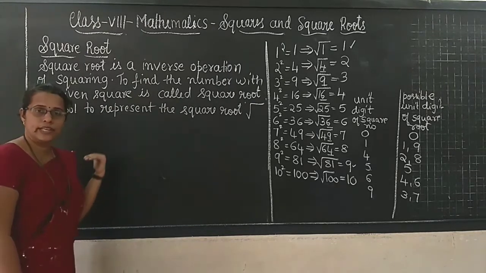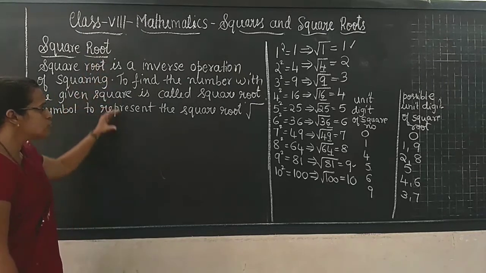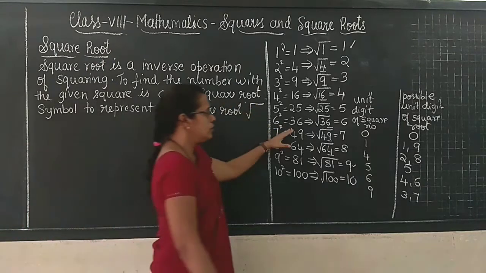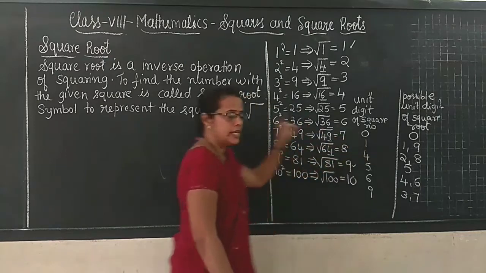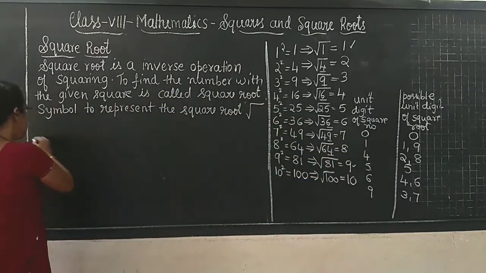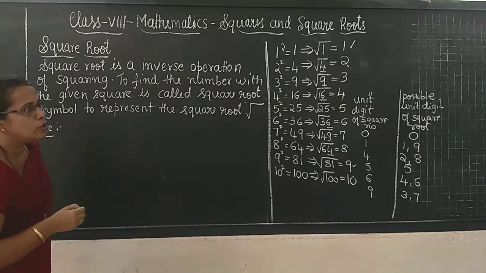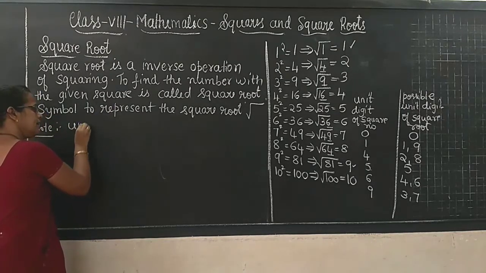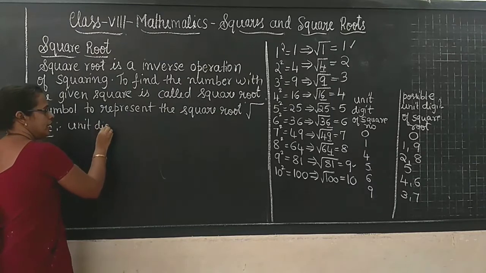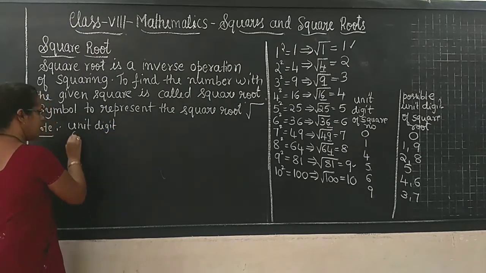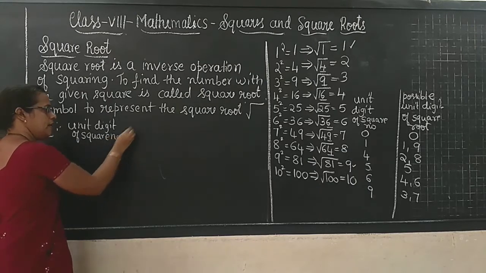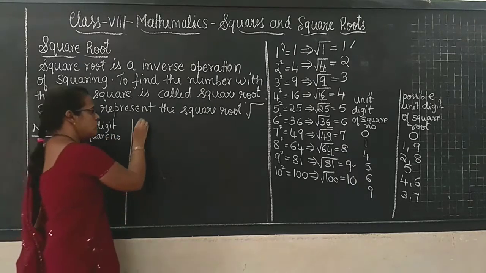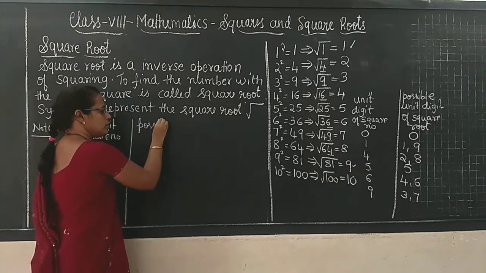Let us write that one here. Children, after this note, please take down this part. Okay, so then we have to take the note of this. Let us write that here now. So note: unit digit of a square number and possible unit digit of a square root.